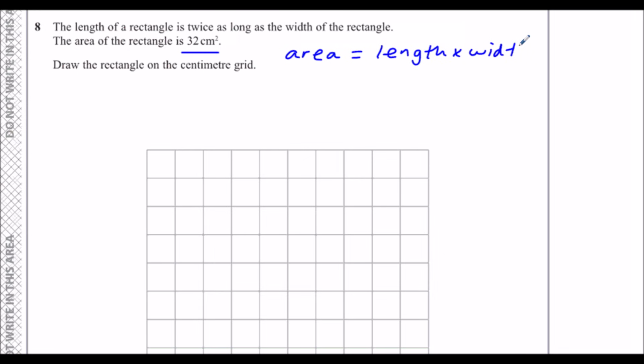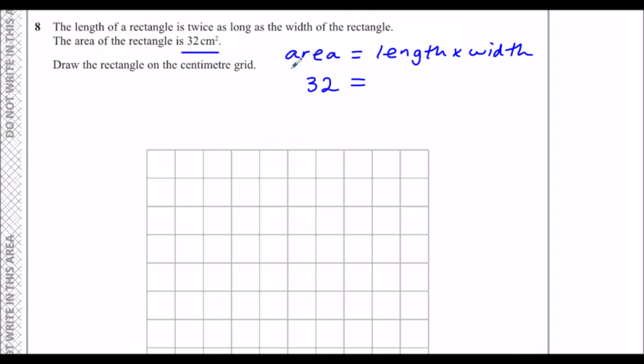So for a rectangle, the area is the length times the width. So if the area is 32, we're looking for two numbers, the length and the width, that multiply to make 32, and the length is twice as long as the width.